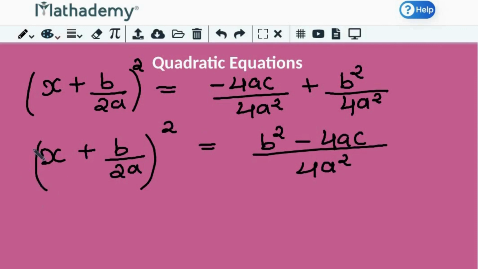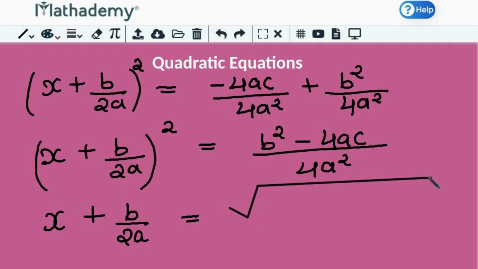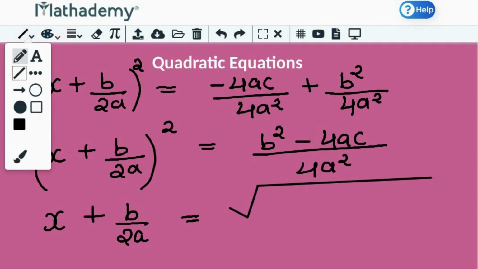So when I take root on the left hand side, the square goes off. I'll only be left with x plus b by 2a on the left hand side. Now I'll have to take the root of numerator and denominator, or I can just take the common root and then separate the roots of numerator and the denominator.